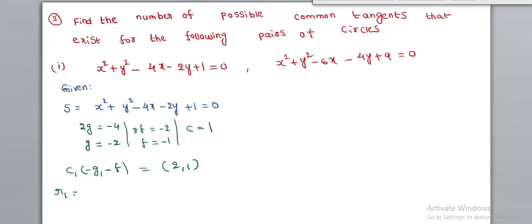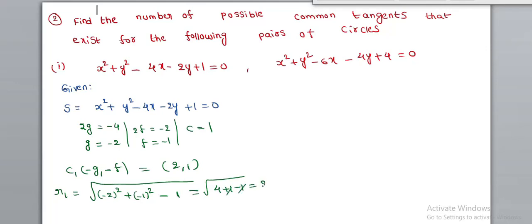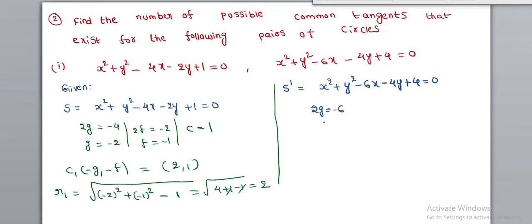Next, first radius r1 is equal to square root of g square plus f square minus c. So 4 plus 1 minus 1, that is root 4, value 2. So r1 value 2. Next, second circle S dash: x square plus y square minus 6x minus 4y plus 4 equal to 0. 2g equal to minus 6, g is equal to minus 3. 2f equal to minus 4, f equal to minus 2, c value 4.